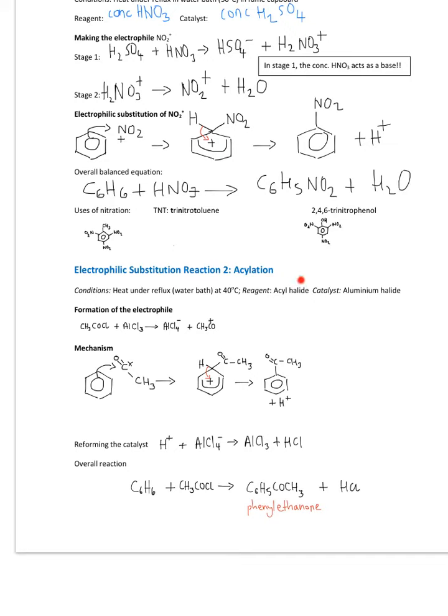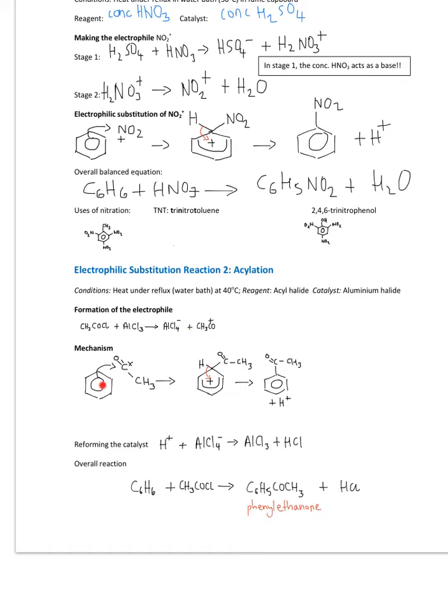If it's a chloride, it will be an aluminium chloride catalyst. So the ethanoyl chloride reacts with aluminium chloride and forms a negative ion, the tetrachloridoaluminate ion, and the ethanoyl ion is the byproduct of that reaction. This is the electrophile, and the electrophile here reacts with benzene.